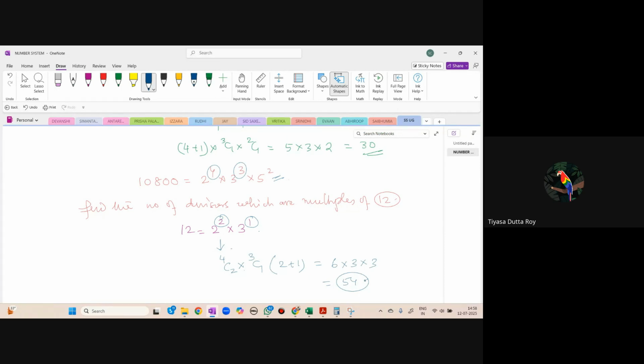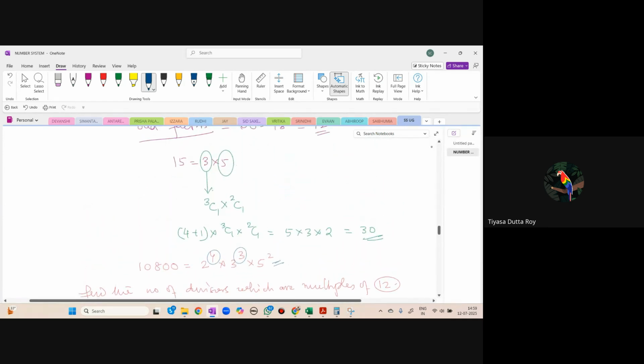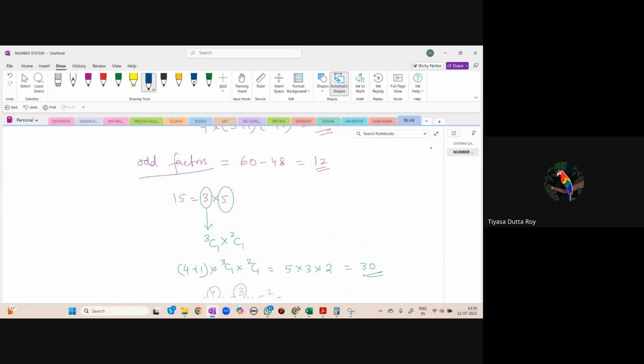Excuse me, sir. In the previous question, where we were finding the divisors which are multiples of 15, if we write it as 3 into 5, there are three 3s and two 5s. So if we write it as 15 squared into 3 to the power 1 into 2 to the power 4, then we take 2C1 into (1 plus 1) into (4 plus 1), and the answer comes 20. Is that wrong?